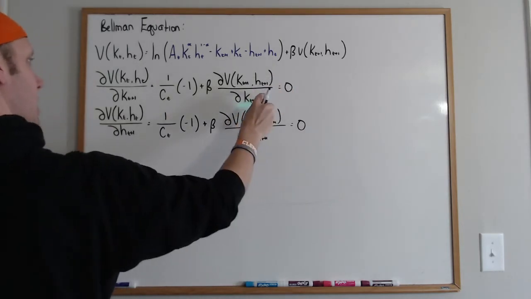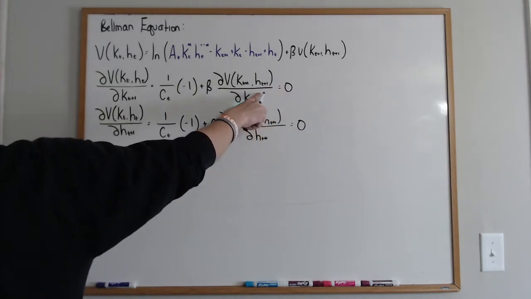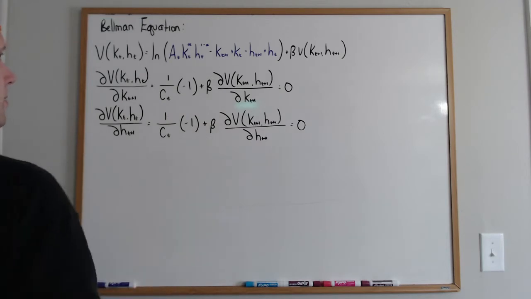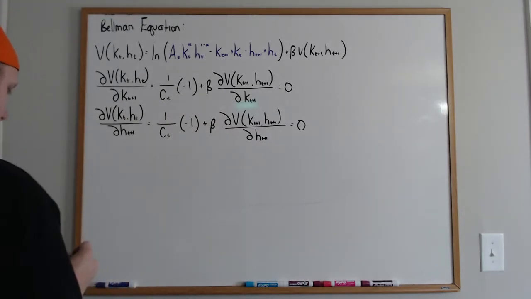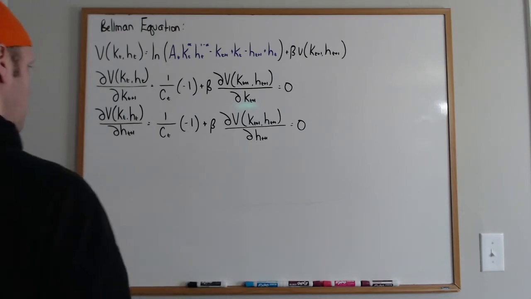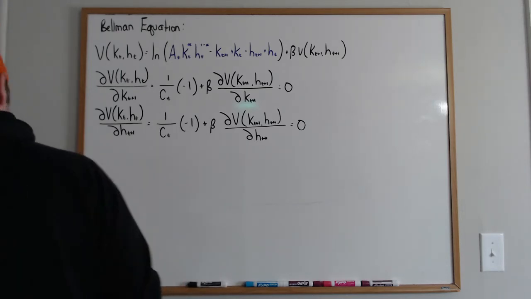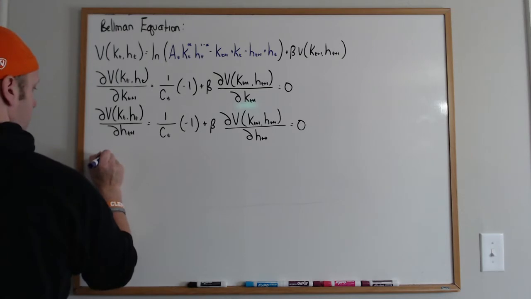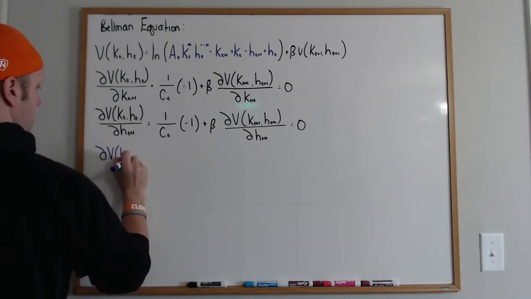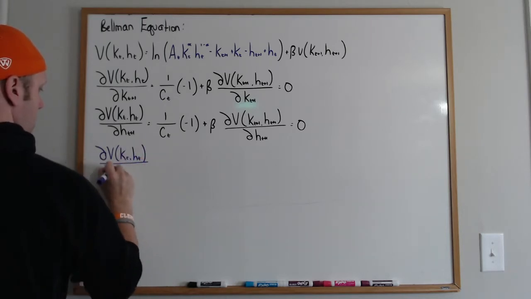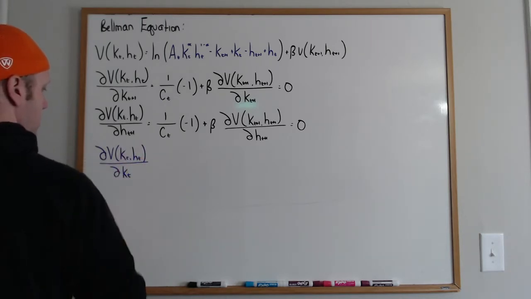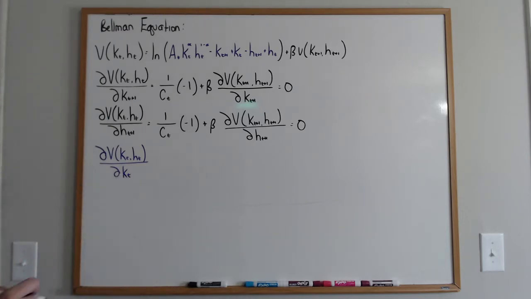We have to take a derivative that will give us this and a derivative that will give us this. What is that? Well, I'll do it in purple. We take the derivative of this value function, or this Bellman equation, first with respect to physical capital.